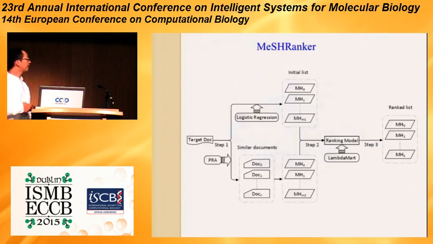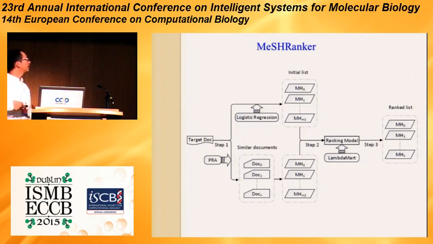Here is the basic workflow of MeSHLabeler. Given the target document, we first use the global classifier, logistic regression. We also train the classifier for each MeSH heading, and then we get some candidate MeSH headings. The other set of candidate MeSH headings is from similar documents. And then in the second step, we extract a lot of features for each MeSH heading.